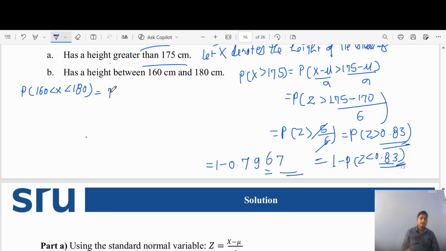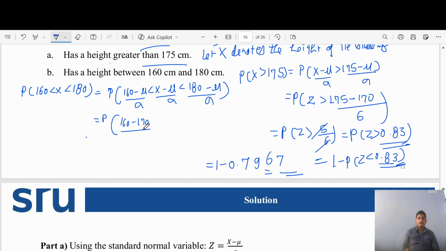So P of 160 minus mu, X minus mu, 180 minus mu. We subtract mu on each side and divide by sigma. Mu is 170 and sigma is 6.